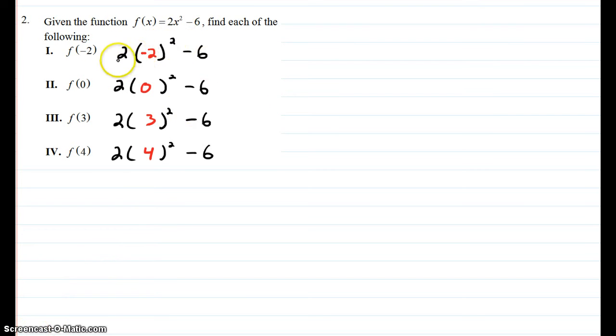Alright, so in the first one, I'm going to take care of the exponent first. So -2 squared is going to give me 4. And then 2 times 4 is going to give me 8. And then 8 minus 6 is going to give me 2. So f of -2 equals 2.